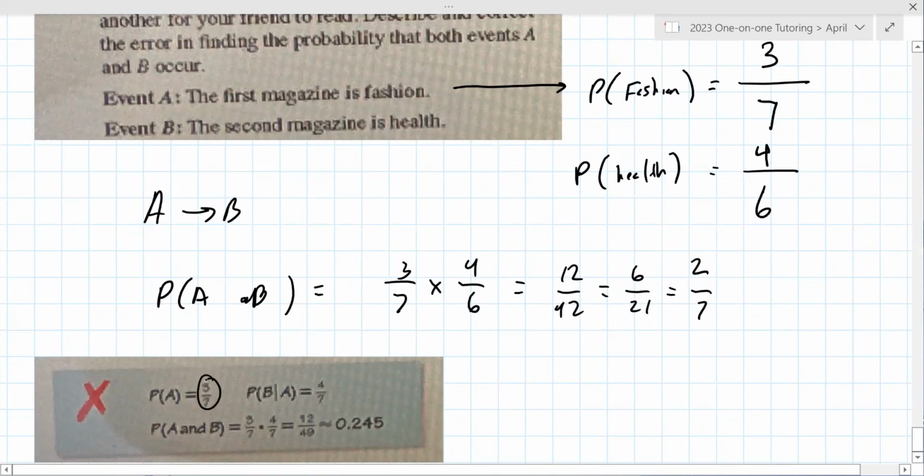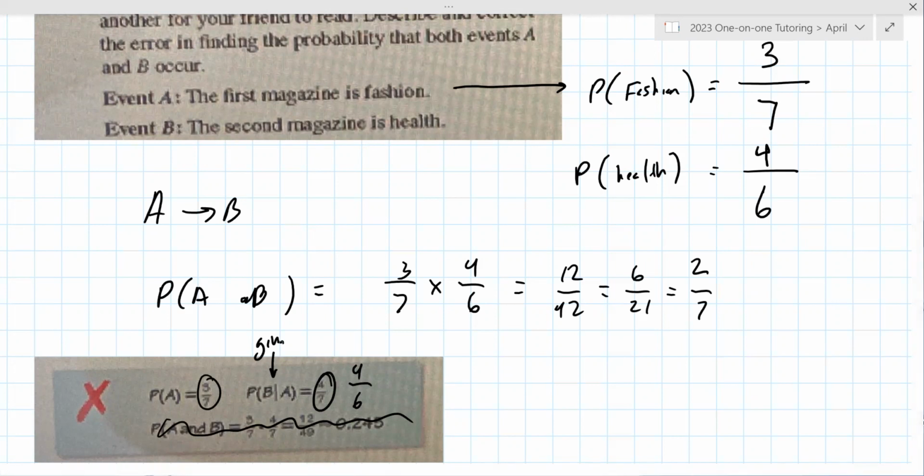Probability of B given A, which is the second thing we found, is actually 4/6. So we know that's also wrong. If you need to write that down, this vertical line here means given, which is for dependent events. But basically they use the wrong 2 numbers for both calculations.